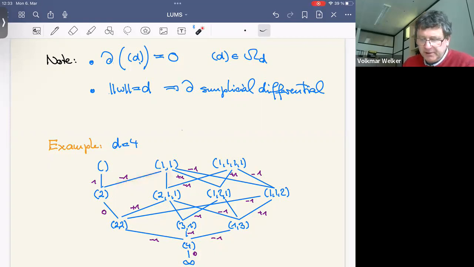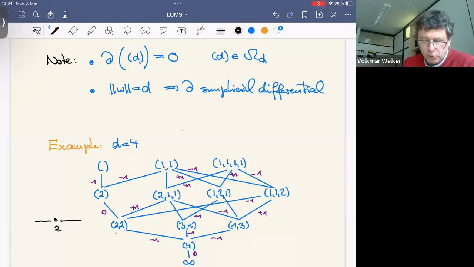One thing maybe interesting to say is that all the coefficients in the differentials will be plus minus 1, except sometimes it's 0, like for example here. Why is that? Because this composition 2, 2 here appears twice in the boundary of 2. This 2 means, by our semantics, you have a double real root.